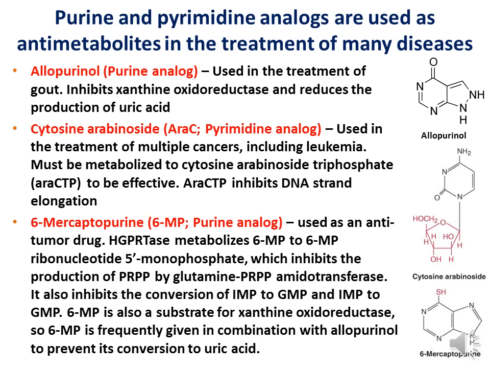It also inhibits the conversion of IMP to AMP and IMP to GMP. 6-mercaptopurine is also a substrate for xanthine oxidoreductase. So 6-mercaptopurine is frequently given in combination with allopurinol to prevent its conversion to uric acid.